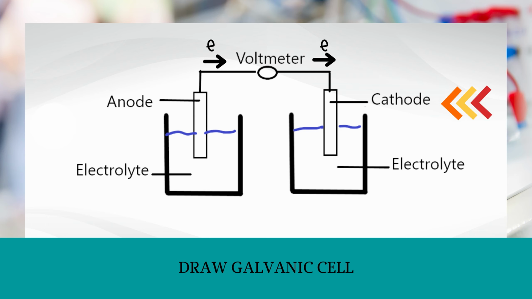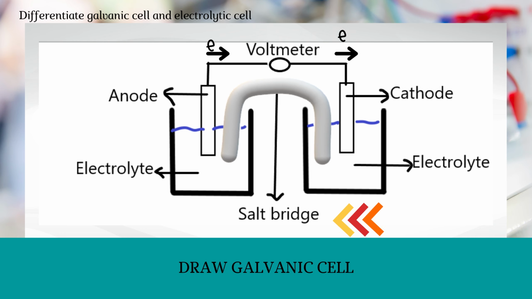Then label the electrolyte, and label the electrodes after you have labeled the electrolyte. Don't forget to add a salt bridge. A salt bridge is required to maintain electrical neutrality and allow the reaction to continue.